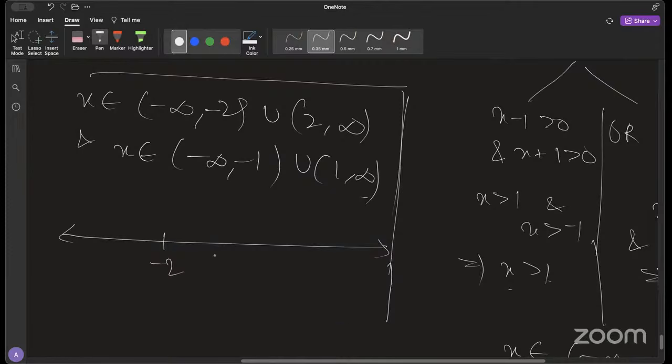If this is minus 2, this is minus 1, 0, 1, and 2, then this interval is this, and this one is this.